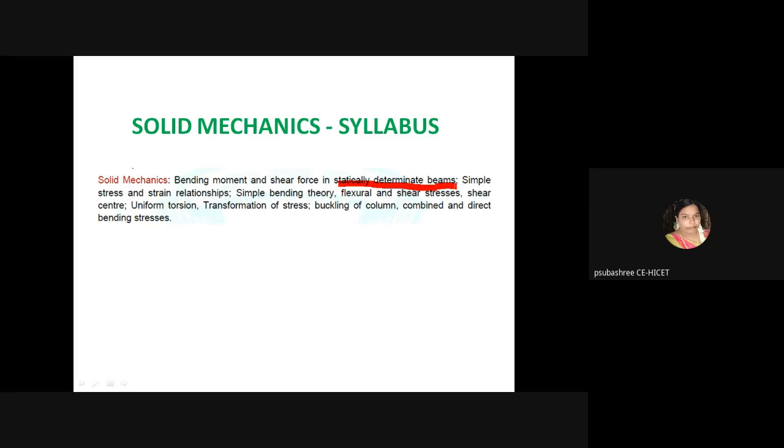Next, introduction to simple stress and strain relationships. It covers the types of stress, tensile stress and compressive stress, and strain, meaning longitudinal strain, lateral strain, then volumetric strain, and relationships. The relationships mean elastic constants.